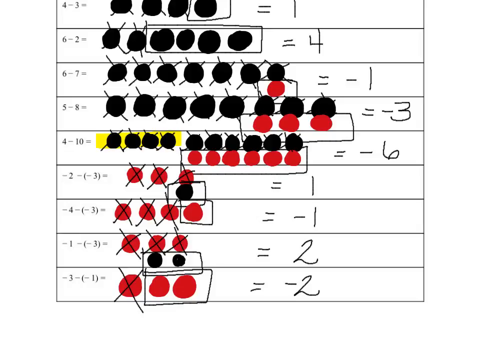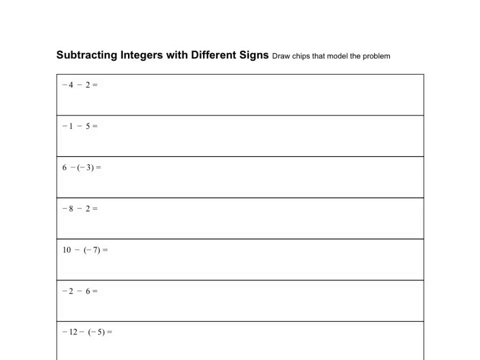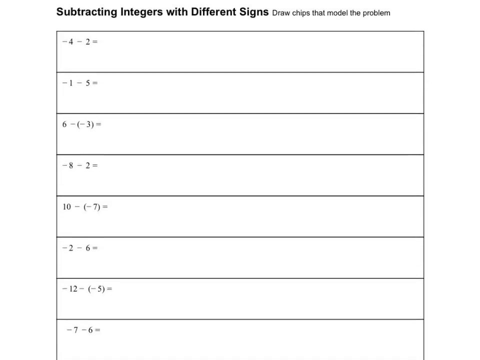Let's look at what happens when we subtract with different signs now. So, subtracting integers with different signs. Once again, we're going to use the black and the red chip model. I'm starting with a -4.